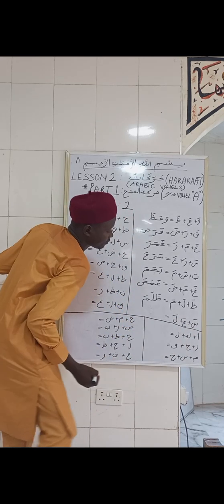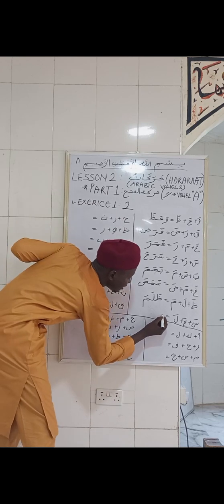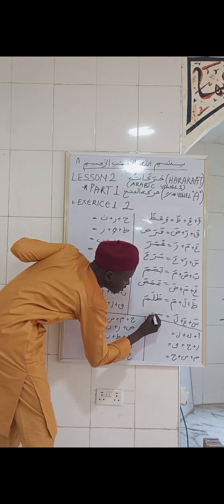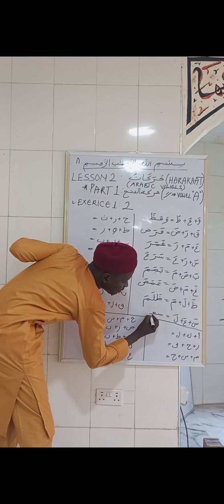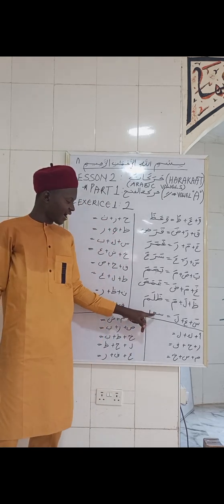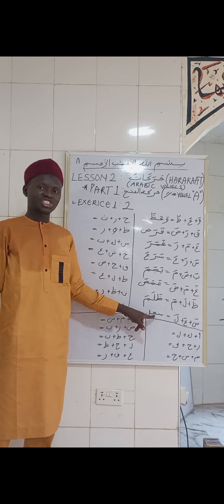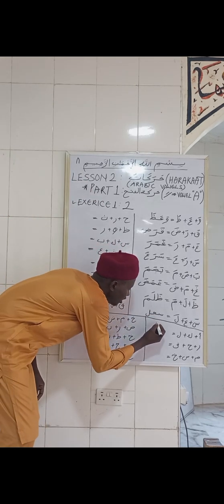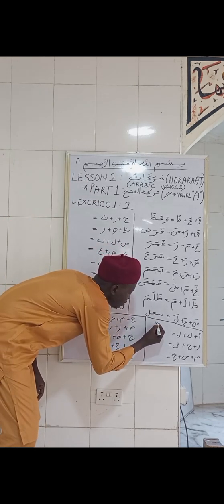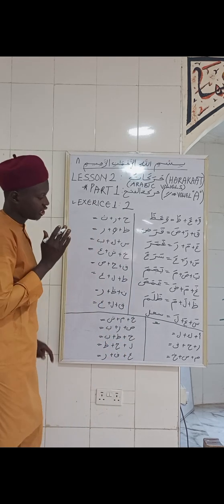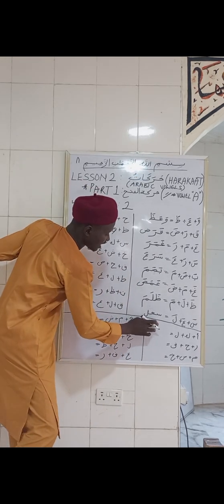Sa'ala. So sin can be joined with ain. This is how you join it. Ain can be joined with lam. Can you see? Every time ain is at the middle, it takes this shape. Anytime it's at the middle, this is the shape. So sa'ala.